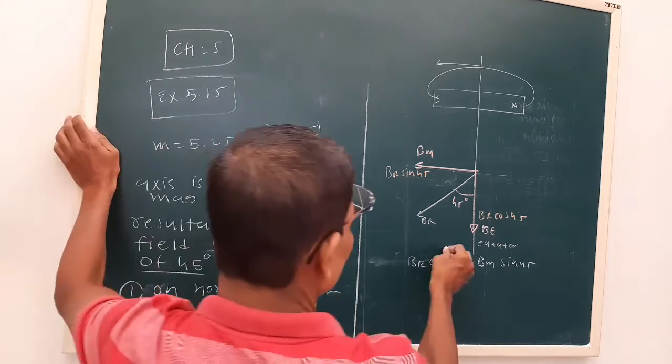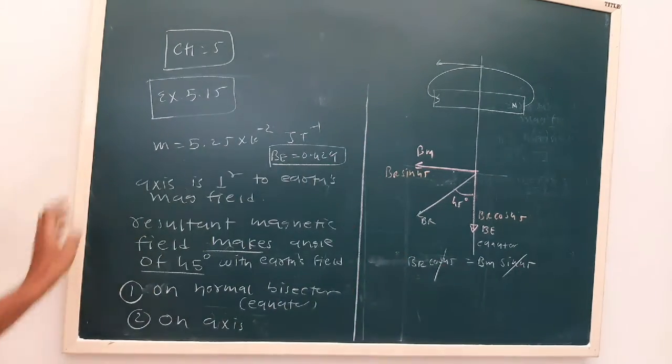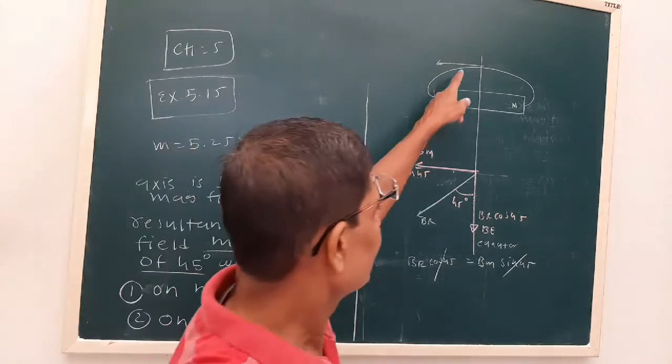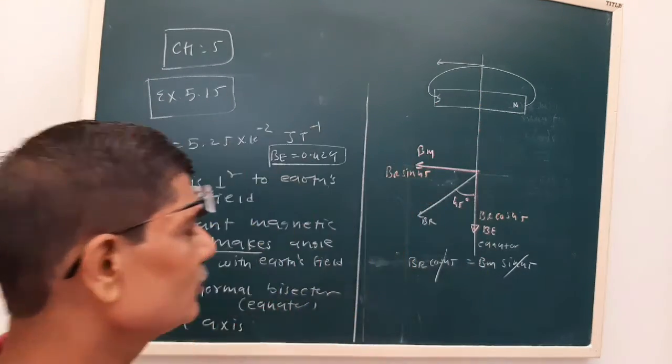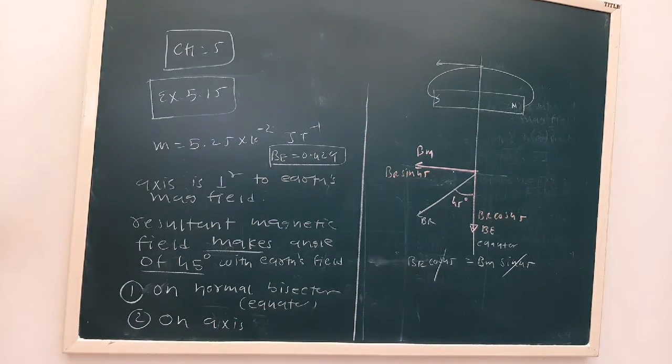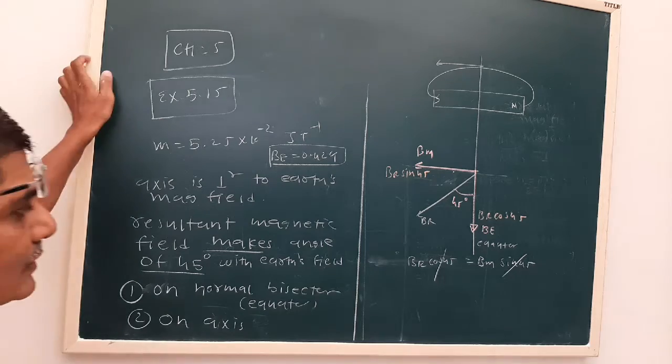Why? Both are equal. Now see the resultant magnetic field. Here the resultant magnetic field is on the equator. The resultant magnetic field will be on the equator.